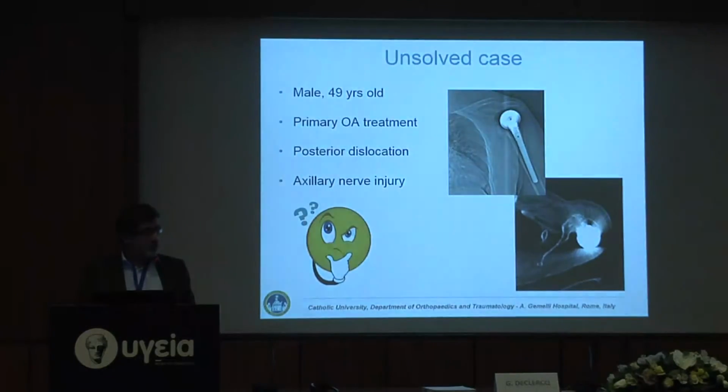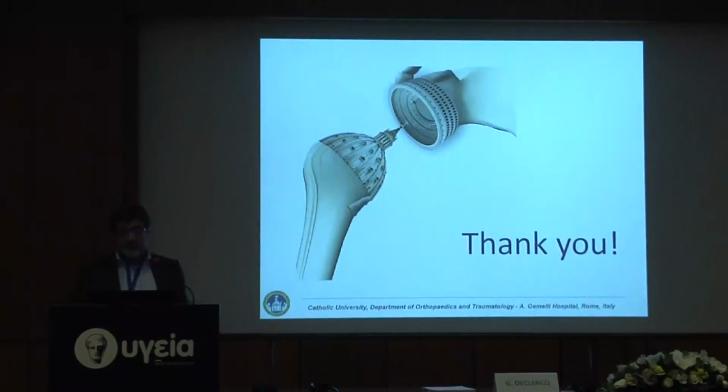He's very young, so the only chance that we have is to remove and reimplant the primary shoulder arthroplasty, but with an insufficient result. So we will see what will happen. Thank you.